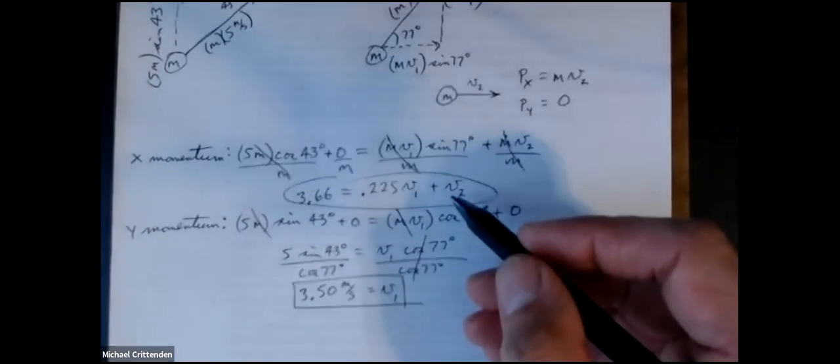Okay, well now this equation becomes useful because I can stick that 3.5 in for V1, and once I've done that, then I'll get an answer for V2. So 3.66 equals 0.255 times 3.5.